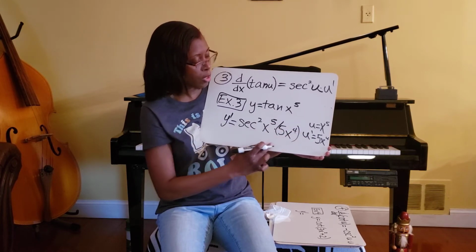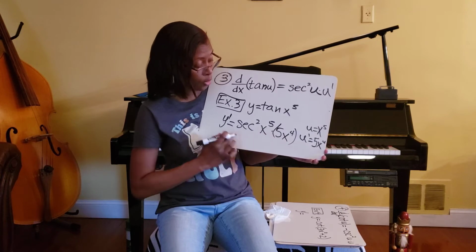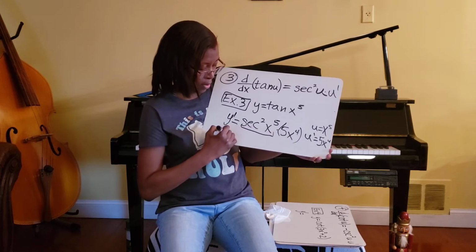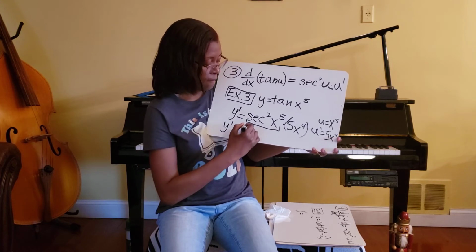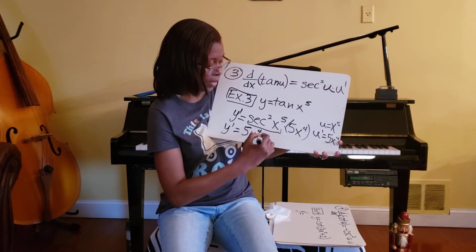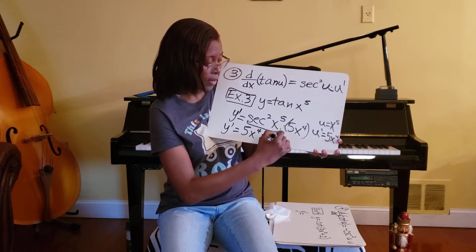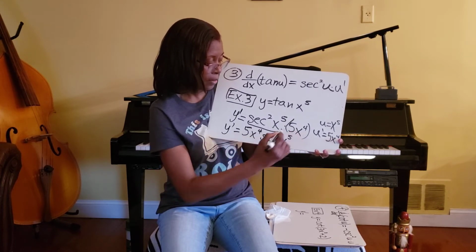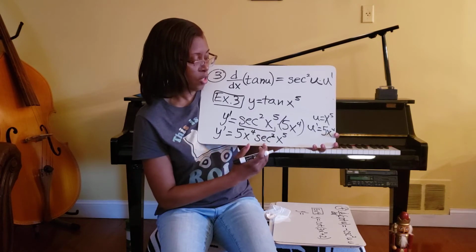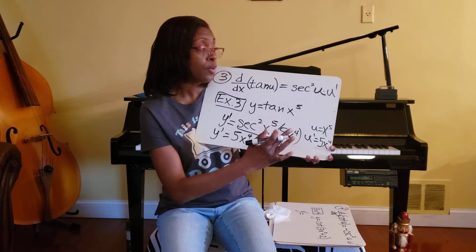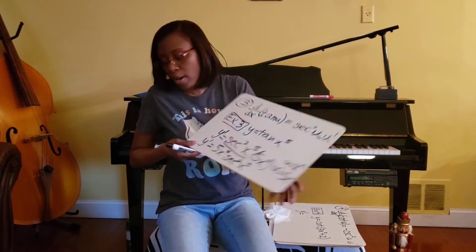But again, we're not multiplying it by this u, we're bringing it to the front because it's multiplied by the function of this. So our answer is y prime equals 5x to the 4th times secant squared x to the 5th. Sorry, that's a 2. So the derivative of tangent u is secant squared u times u prime, and you know how to derive it.